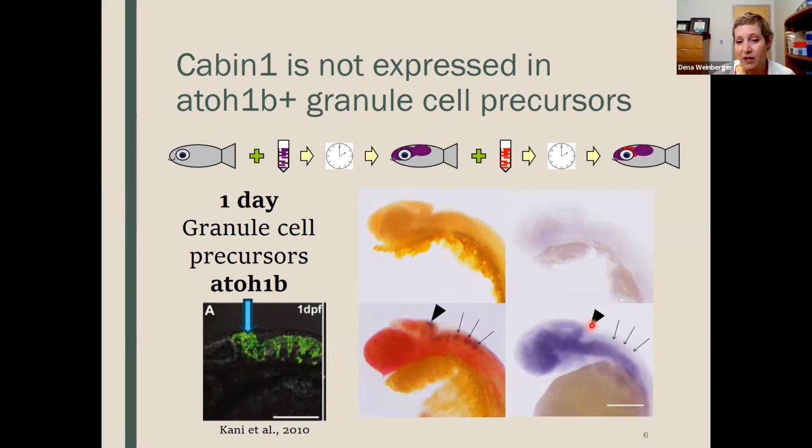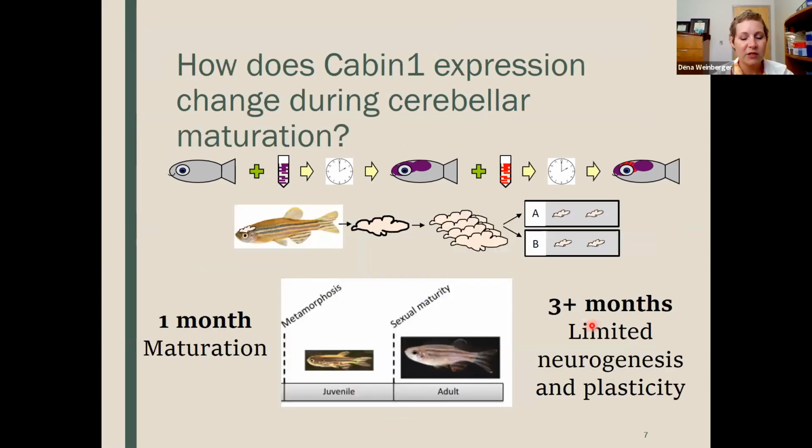Another question, though, that I wanted to get at was, I knew that cabin 1 was expressed in the developing cerebellum, but the cerebellum is actually one of the last parts of the brain to finish developing. It's pretty slow. It's really complicated. So I followed that up through looking at in situ hybridization with singles and doubles in the juvenile stage and in adults to see the late maturation stages of the cerebellum, which would be approximately 1 month of age.